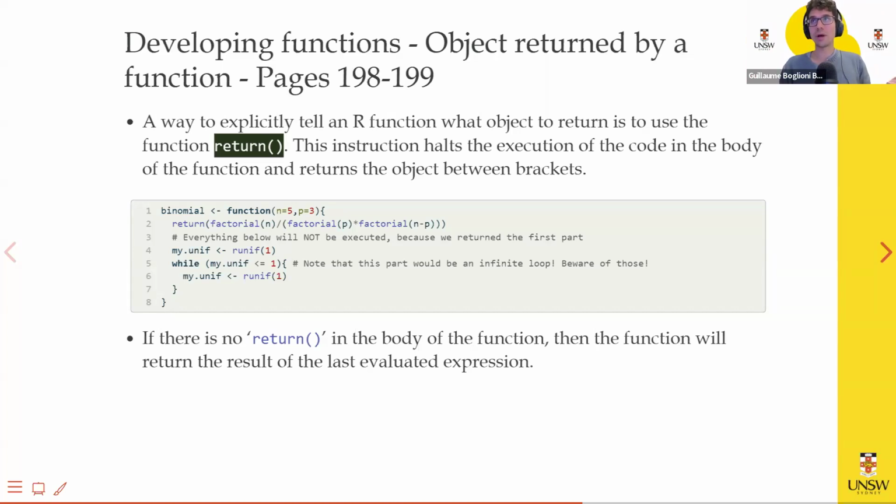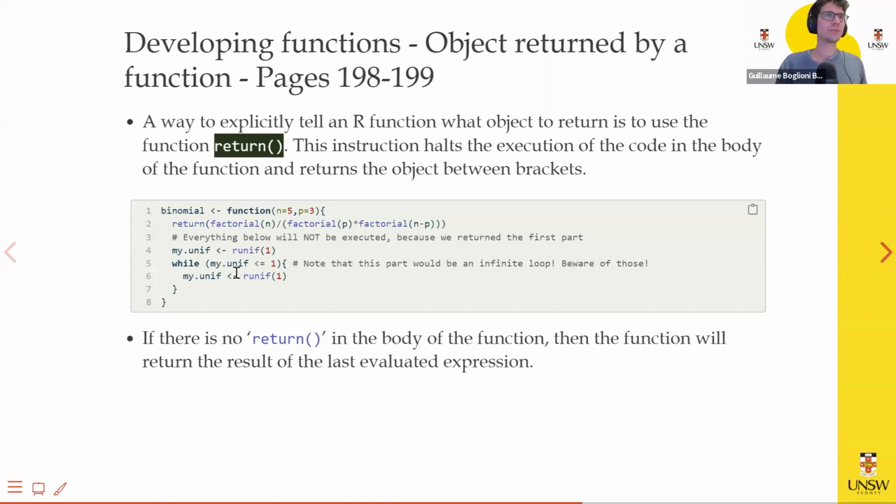So really, you should use return at the very end, unless, actually, I don't really know why you wouldn't use return at the very end. But the point is just this, be mindful. Return somewhere in the middle of the code will mean that the function will return that, and everything after will not be executed by the function.